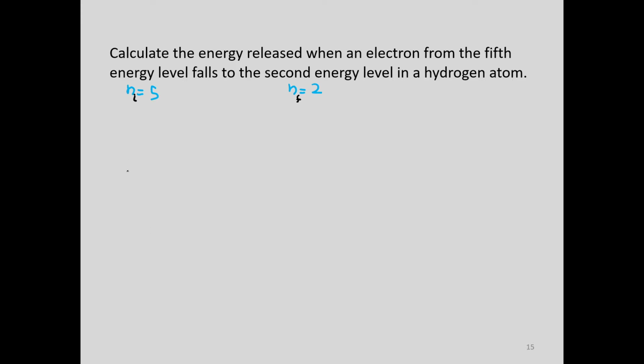So tulis formula dulu. The energy is equal to Rydberg constant. Okay, remember Rydberg constant, and tak ada negative value, kan? And then you darab dengan 1 over Ni squared minus 1 over Nf squared. Okay, so and then we can calculate.